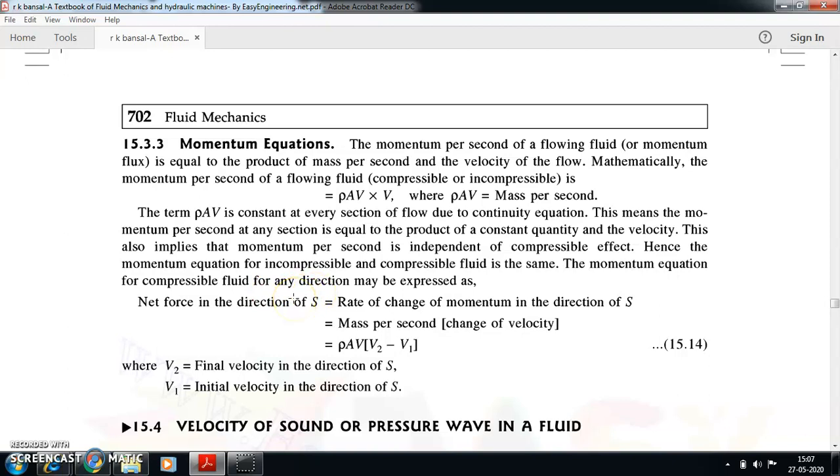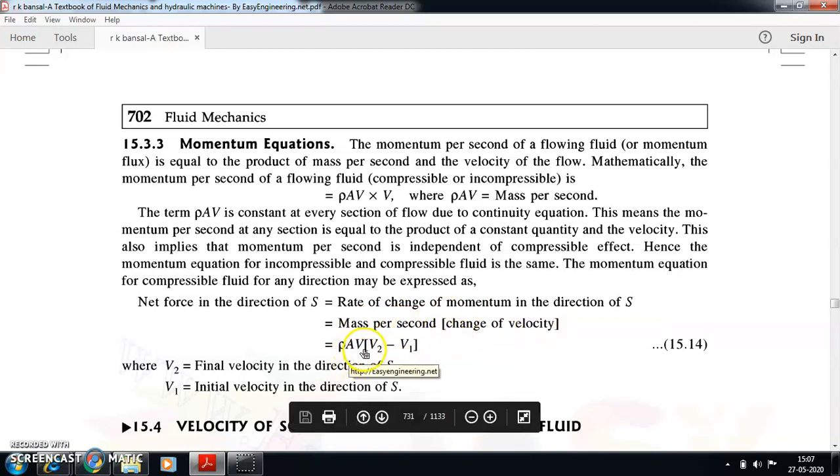The net force in the direction S, an arbitrary direction S, will be equivalent to the rate of change of momentum in the direction of S. So the rate of change of momentum will be equivalent to mass flow per second into change of velocity.